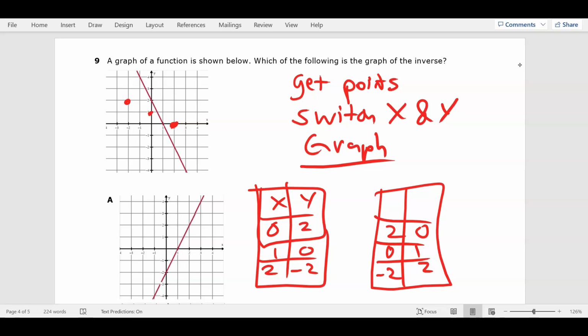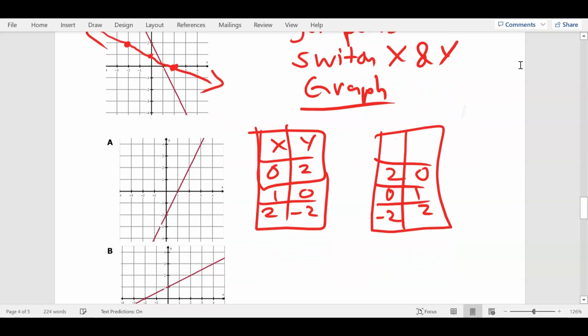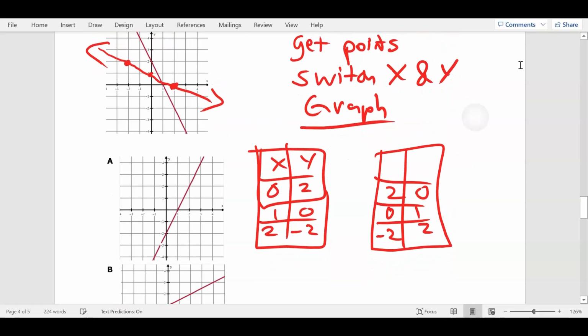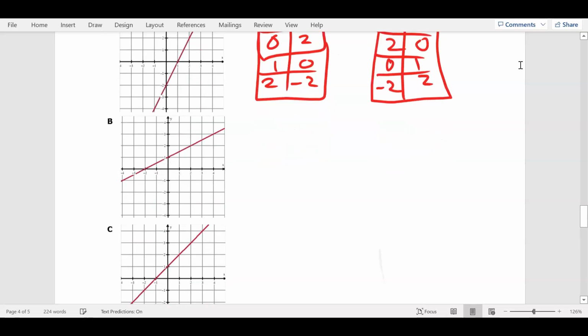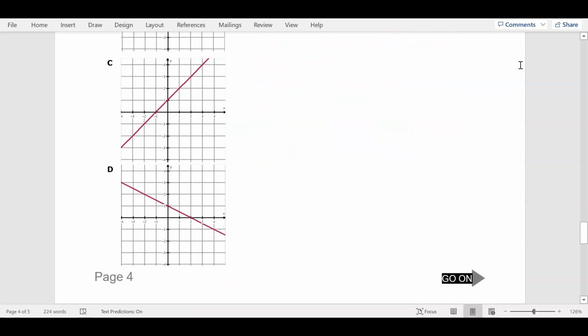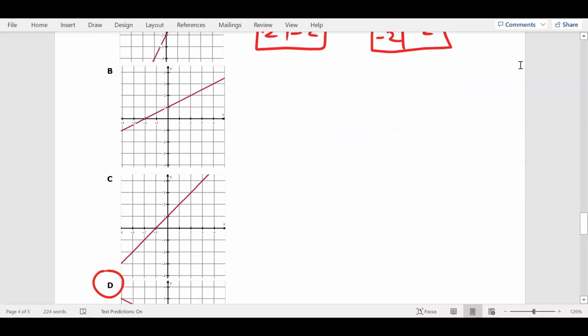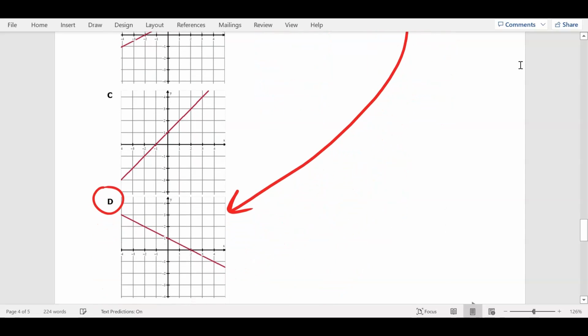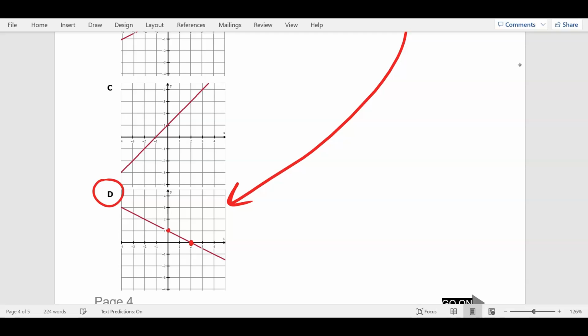So now I'm looking for this line to be graphed. So A, B, C, or D, which one looks like that? A is not a negative slope, B is not a negative slope, C is not a negative slope. Doesn't D have all these points? 2, 0, 0, 1, negative 2, 2. It does.